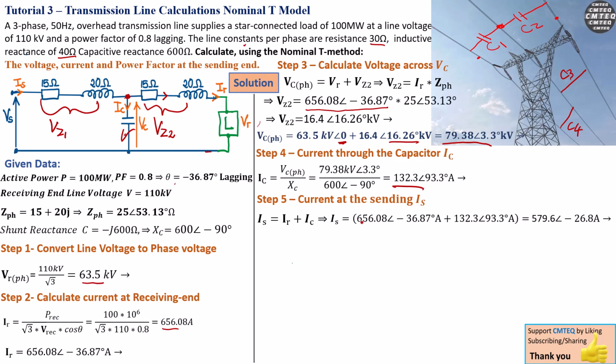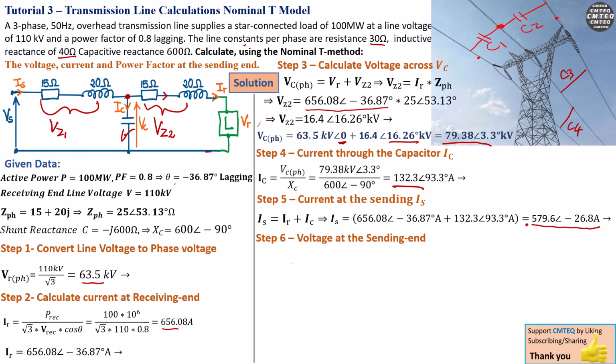And that means IS is equal to IR, which is this particular current per phase, plus the current IC, which we basically calculated here. So we find this current IS to be the sending end current. Straightforward, very simple, guys, but you have to understand the methodology that you are doing here so that you don't make mistakes. Now we move on to step 6, voltage at the sending end.